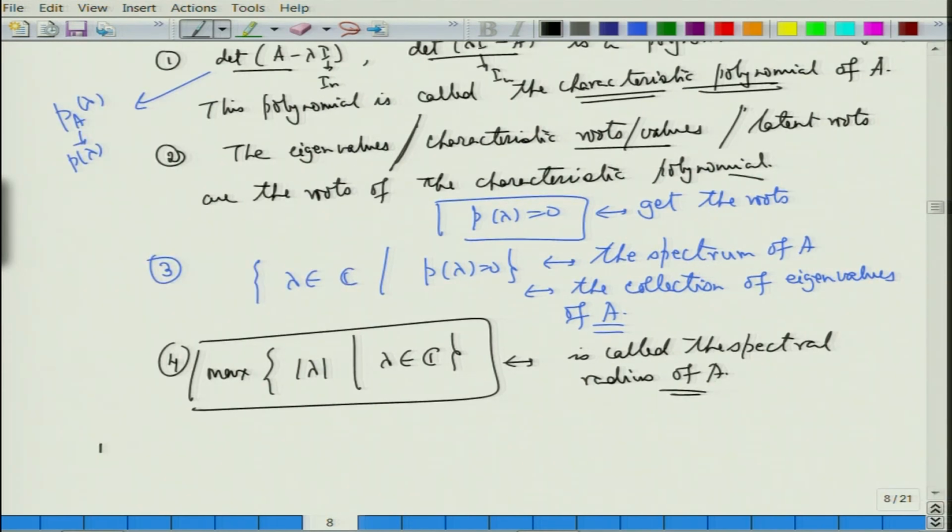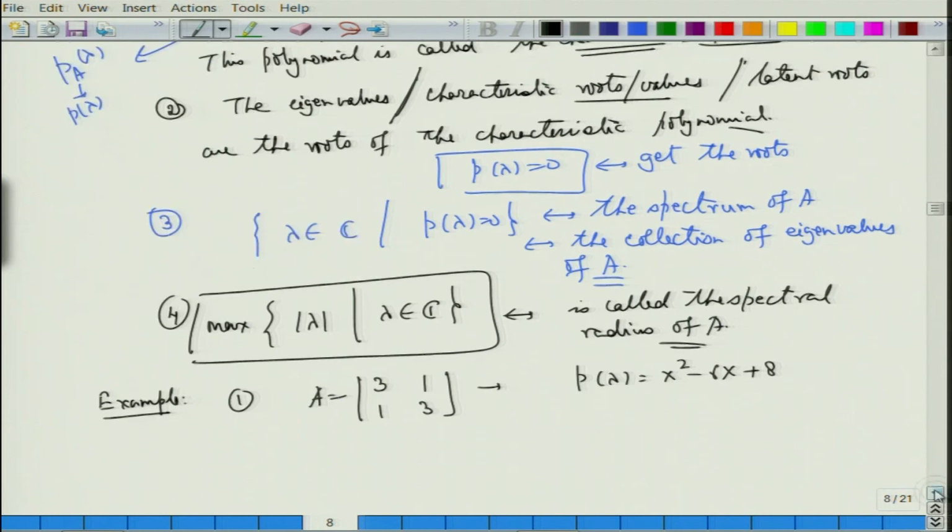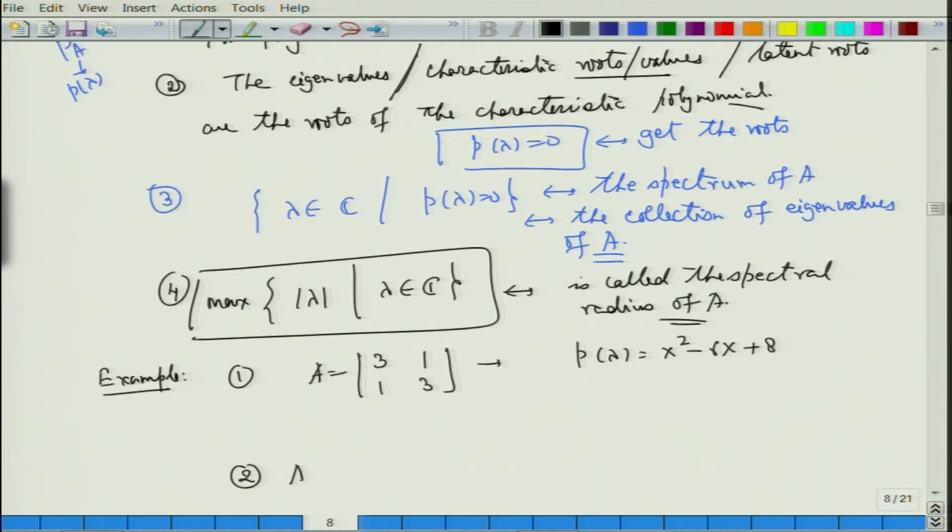So let's go back to the examples. The first example that we had was, I took A as 3 1 1 3. For this matrix, P lambda was equal to x square minus 6x plus 8. Fine. Another example, I took A as, I don't remember it, so let me go back and see what I had taken.